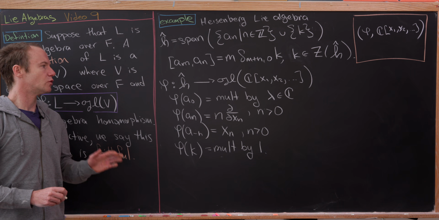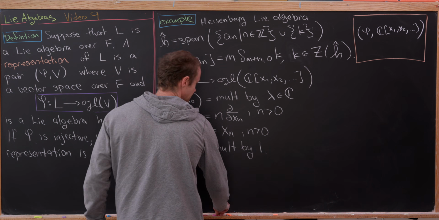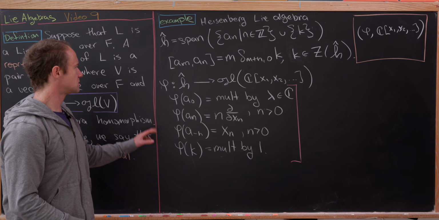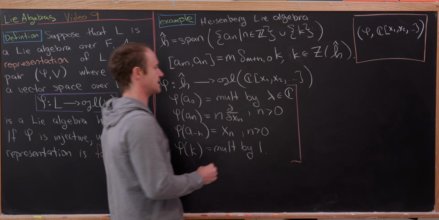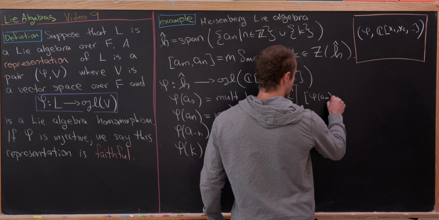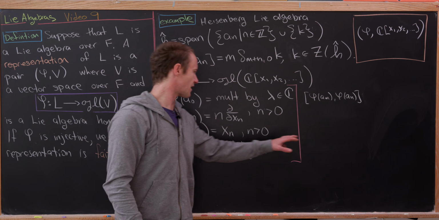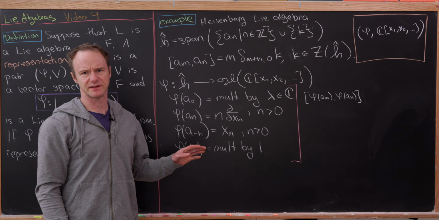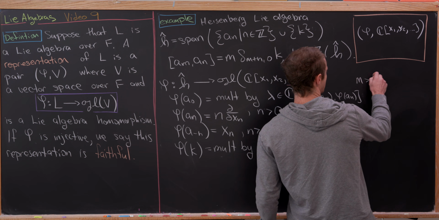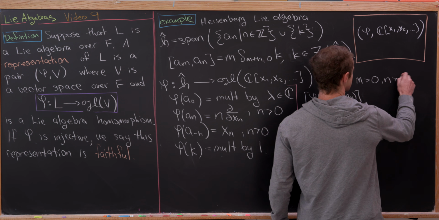Okay, nice. So that'll be how we define this. And then, of course, we need to check that this is indeed a Lie algebra homomorphism, but that's actually not too hard to do. So let's maybe focus on this right here. So if we've got the bracket of phi of a_m with phi of a_n, we need to look at cases where m and n are both positive and negative. Let's say that this is the case when m is positive, and maybe n is also positive.